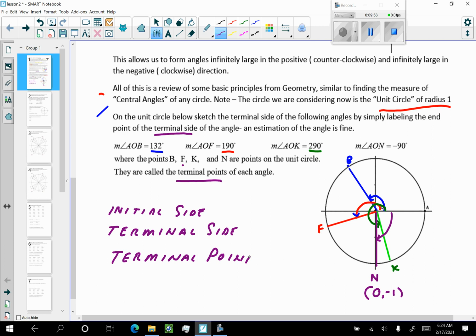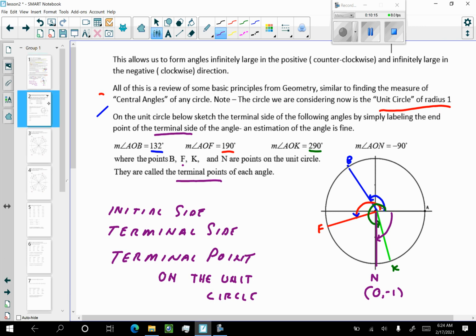And these are the terminal points. It's where the terminal side ends. It's the point that lies on the unit circle. Keep in mind, these are on the unit circle. Terminal points are on the unit circle. So go to the next page of this assignment here.